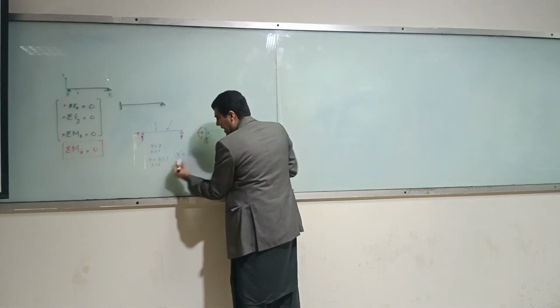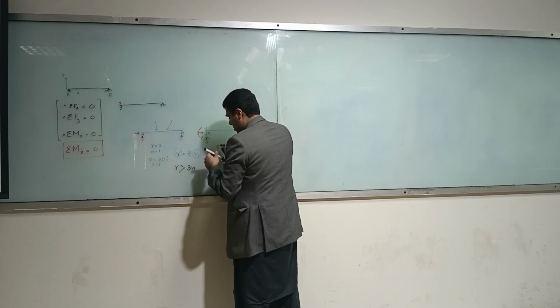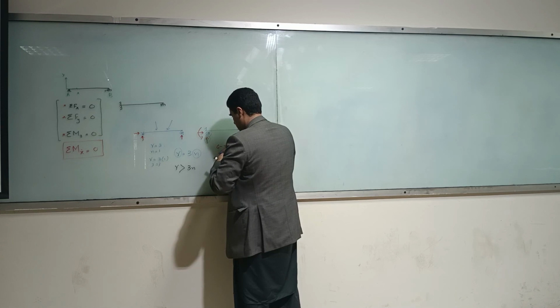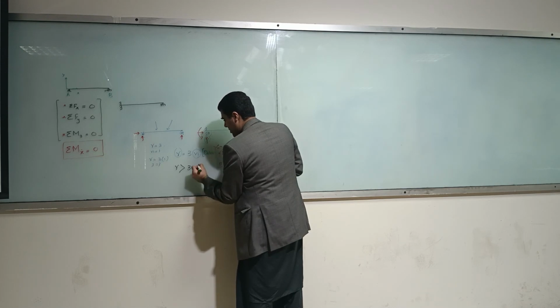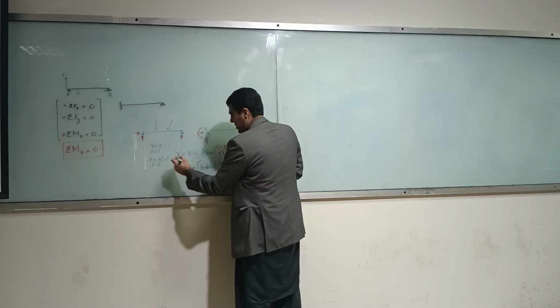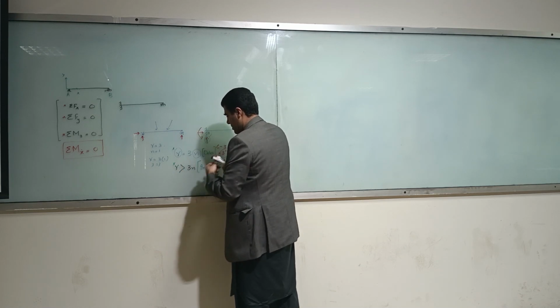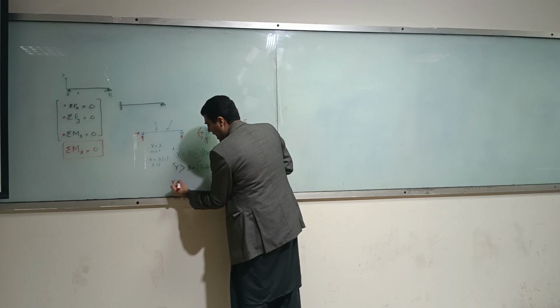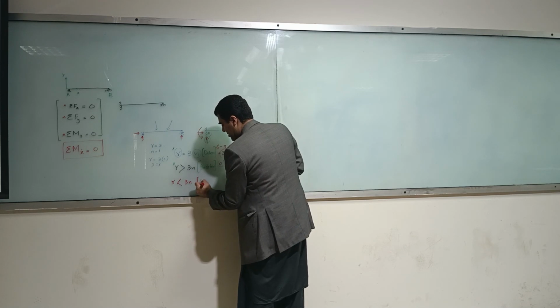If R is greater than 3n, this is an indeterminate structure, and this one is determinate. And if R is less than 3n, then that is an unstable structure.